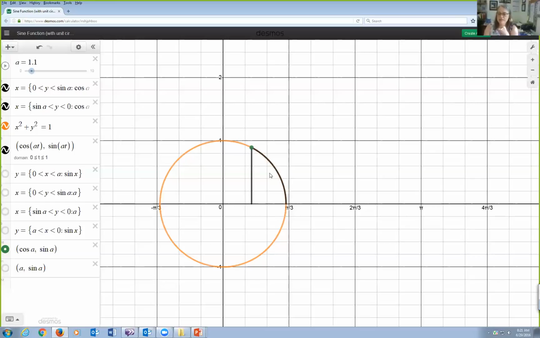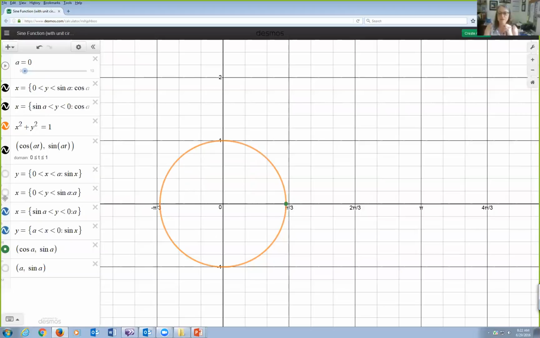So now I've got a circle of radius 1 here, but the same thing is going to hold for a big circle like the London Eye. If I move my point around the circle, let me put it back down here at 0.